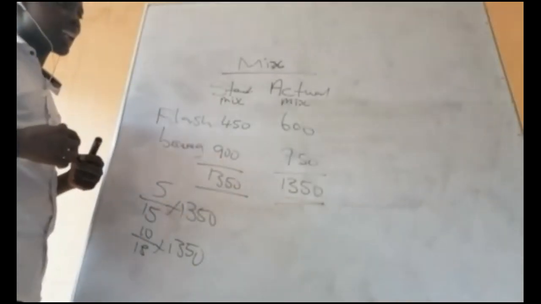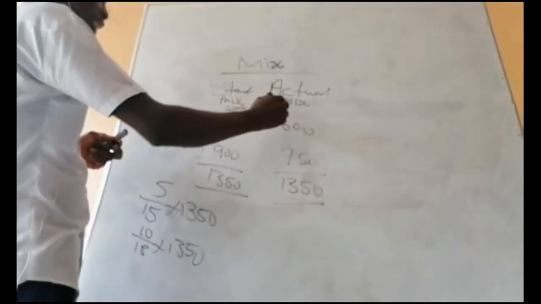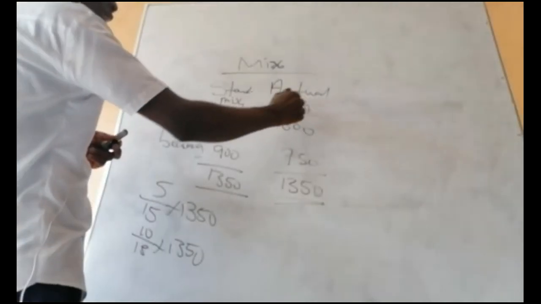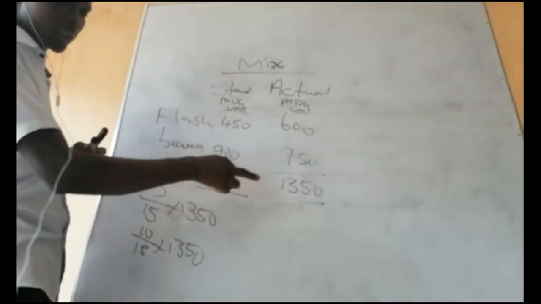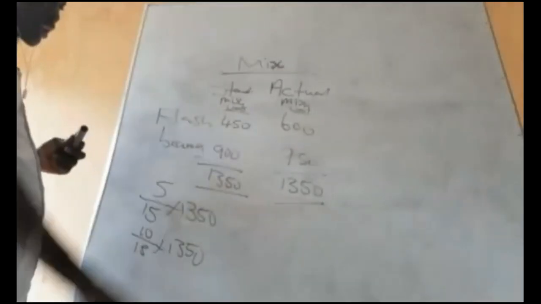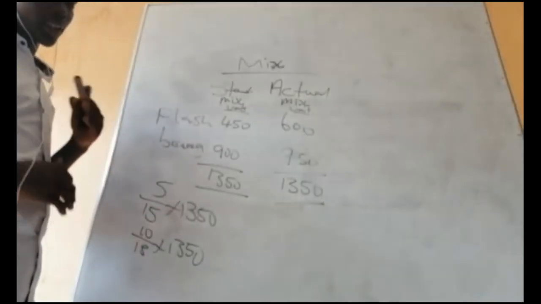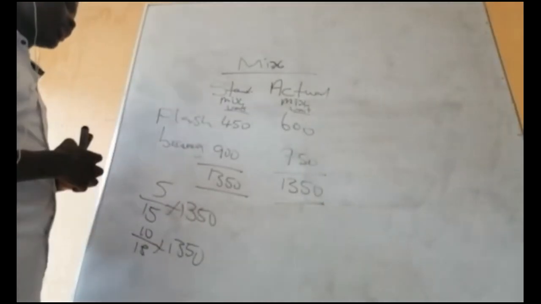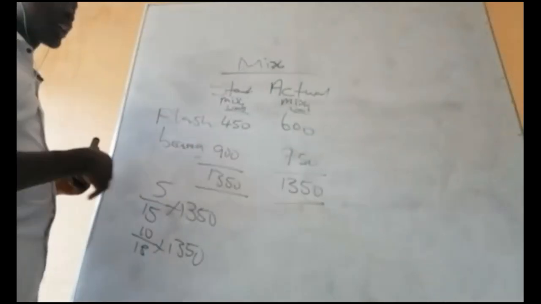Now these ones are in units. Put the unit here. So we're on step 3. Step 1, determine the total actual mix. Step 2, find the standard mix. Step 3, use the standard mix to apportion the actual mix to get what you call standard mix.